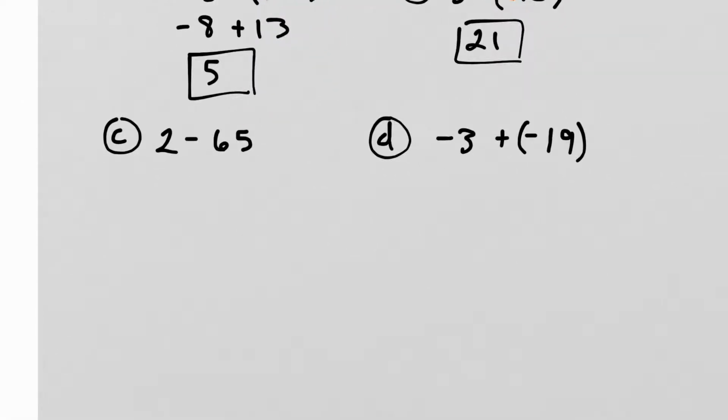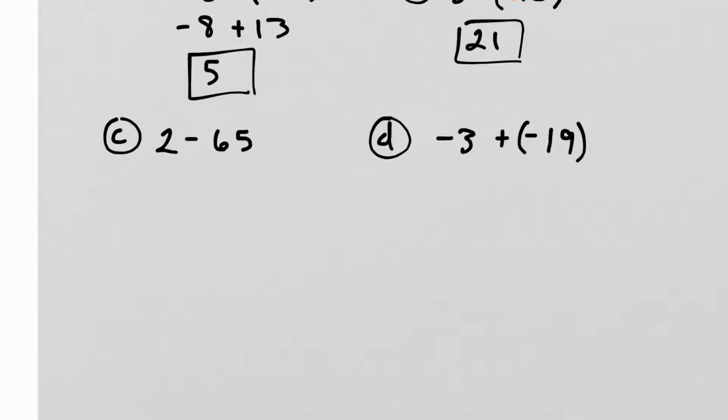For part C, 2 minus 65, I have a minus 65. You can consider this a plus a negative. That's what I think of in my head. So then I know that, okay, 65 is negative, and then the 2 is positive. So they have opposite signs. If I'm adding or subtracting and they have opposite signs, I'll subtract them.